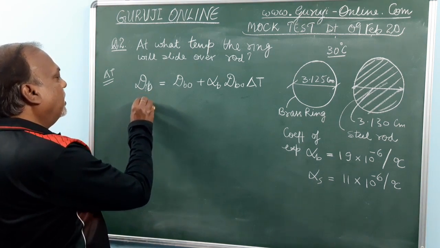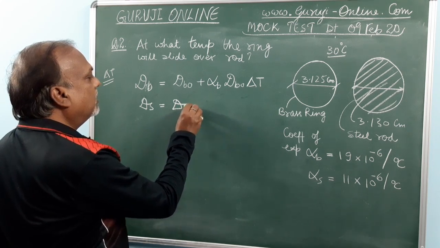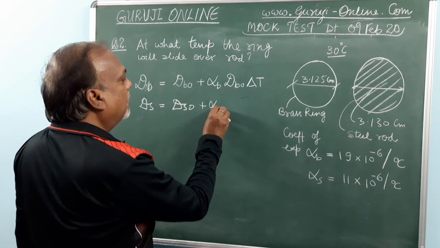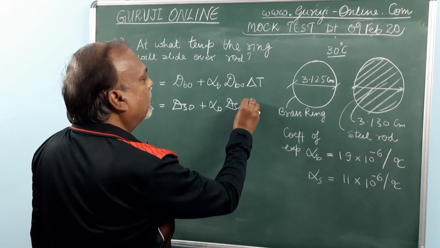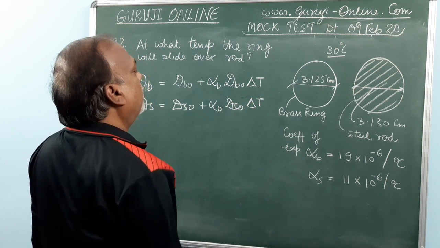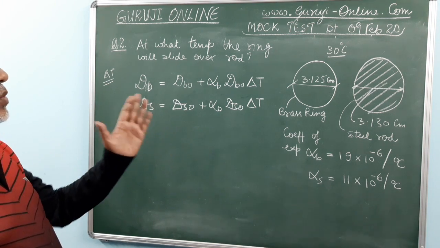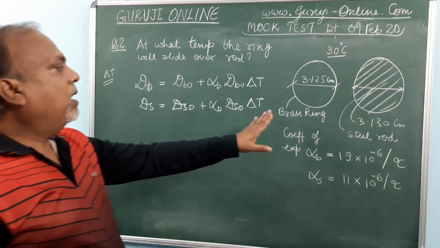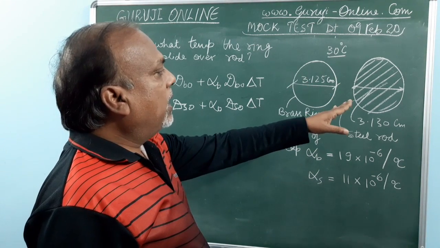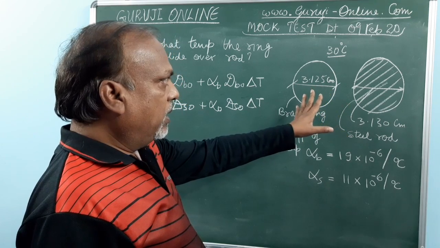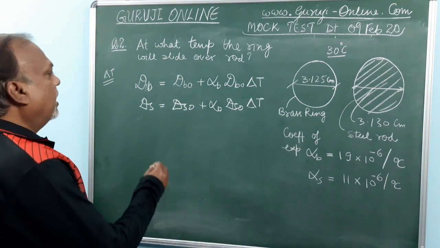Likewise, for steel, it is similar. A situation will come when the ring will have a diameter equal to that of the rod, then it will fit onto the rod.